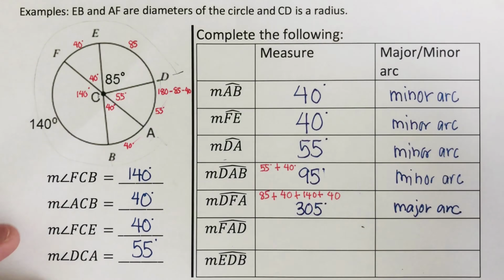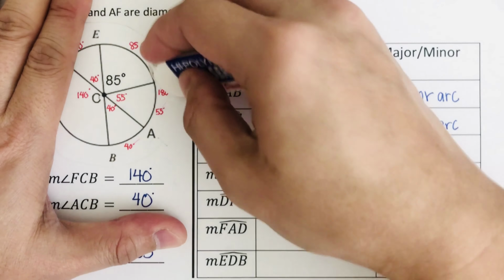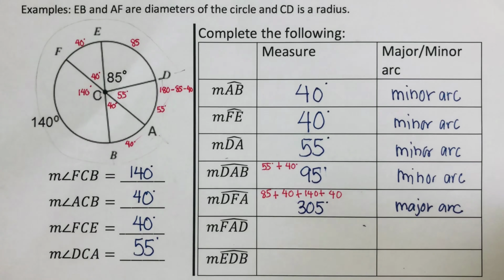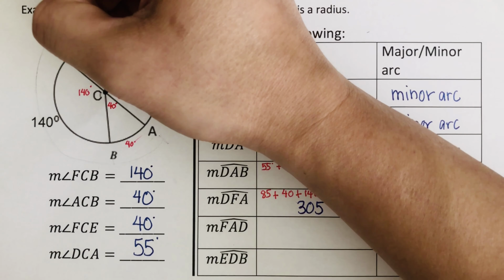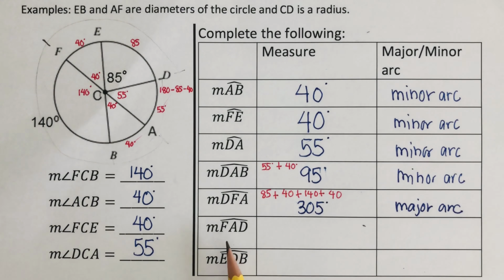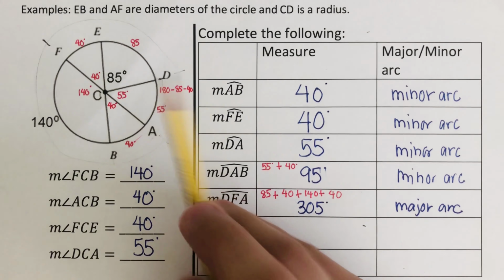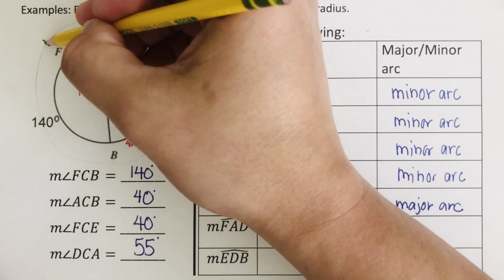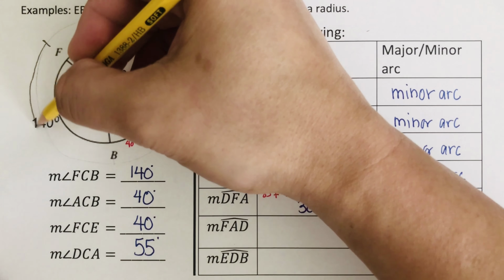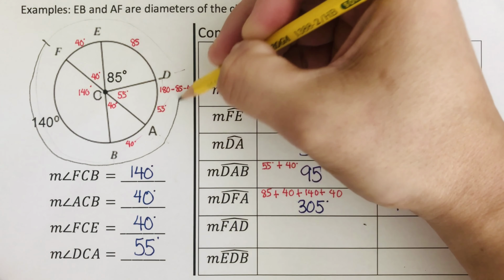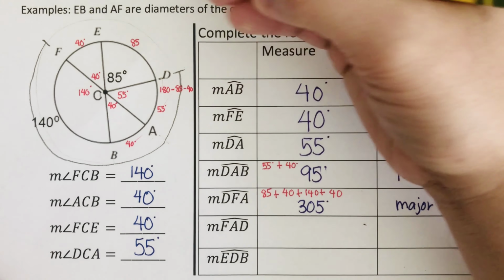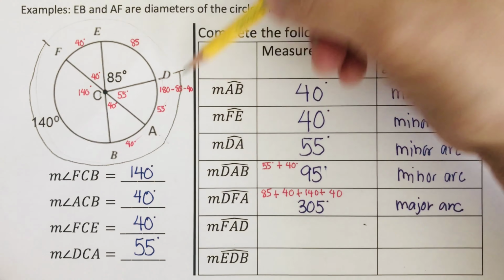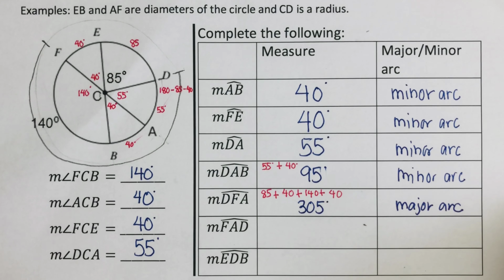We start from point F, then we pass through A, then go to D. So this is the arc that we're looking for, arc FAD.